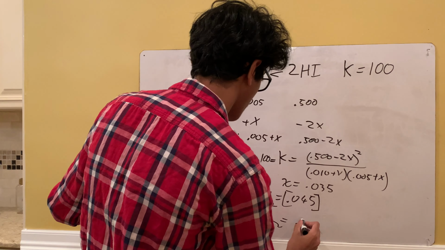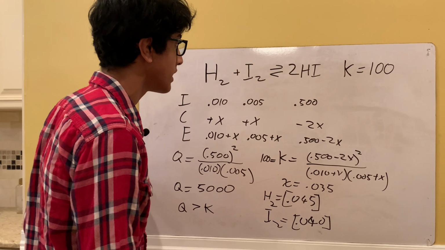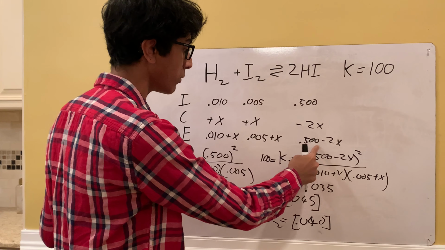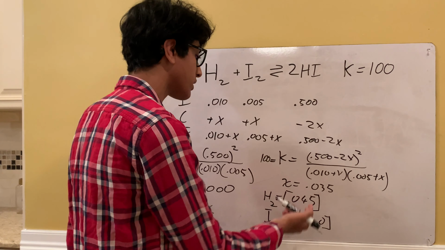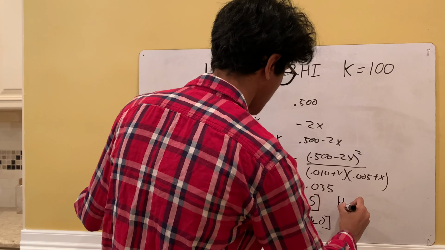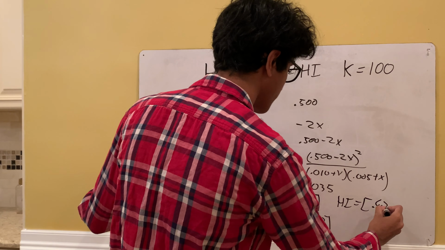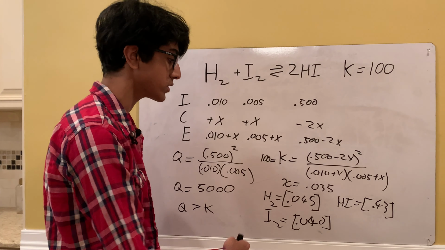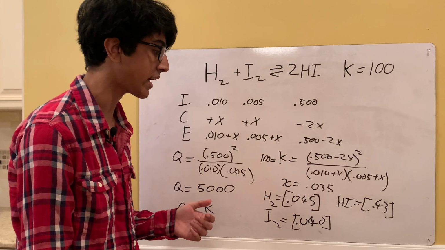So we get 0.040. And for HI, we have 0.500 minus 2x, and x is equal to 0.035. So if you just plug that into this expression, we get HI is equal to 0.43. And these are the concentrations of the reactants and the products in this equilibrium reaction once the reaction reaches equilibrium.